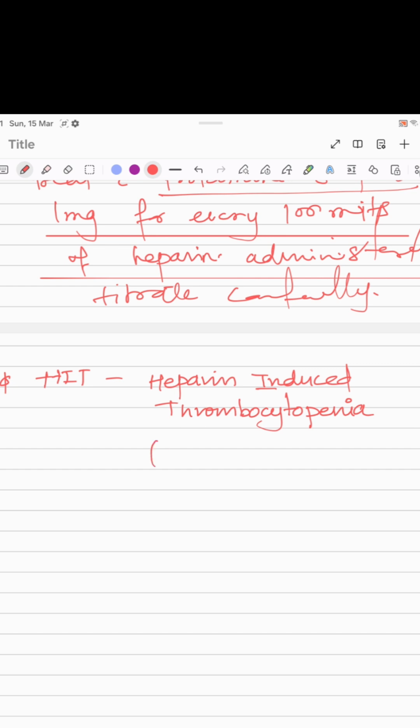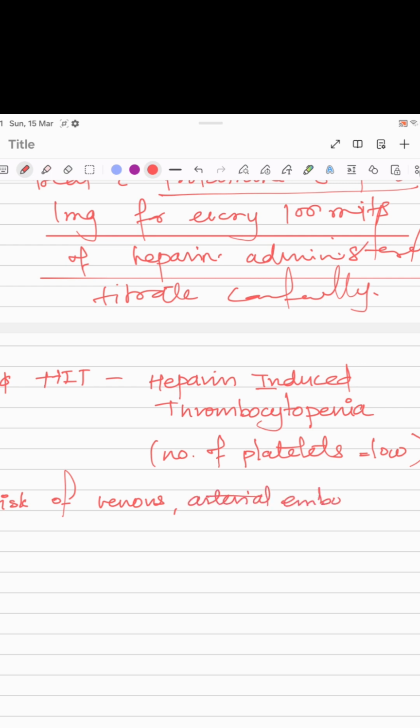What happens in this? The number of platelets becomes low. Therefore, there is a risk of venous and arterial embolism.